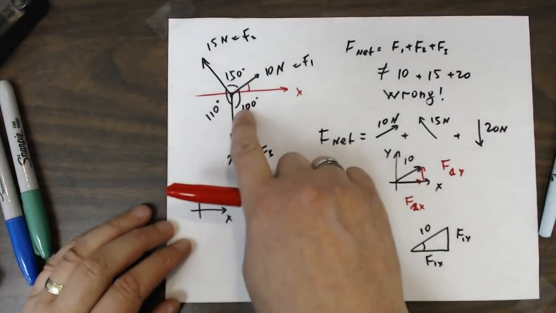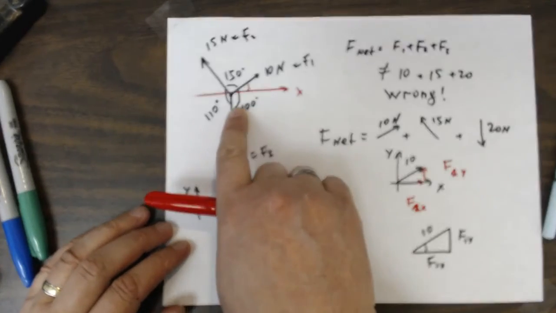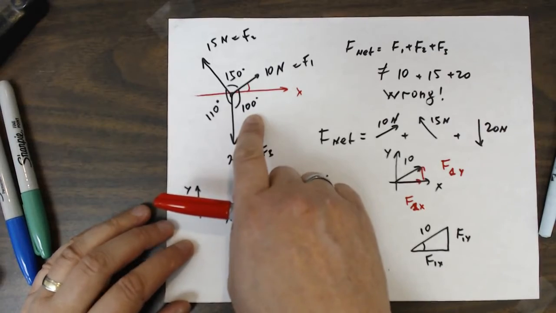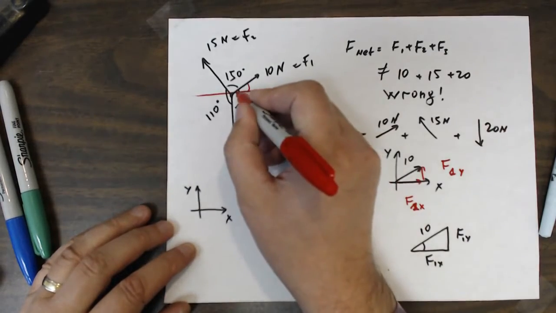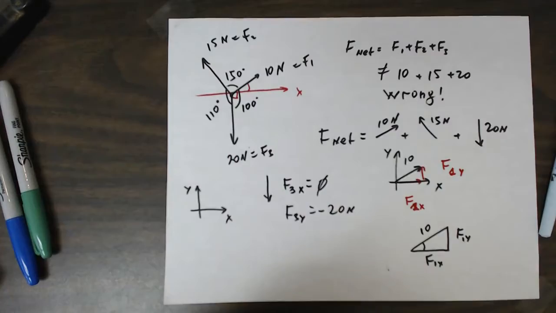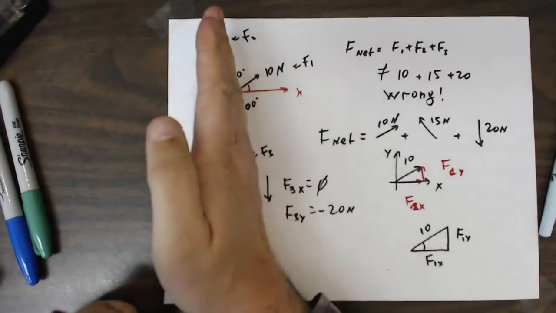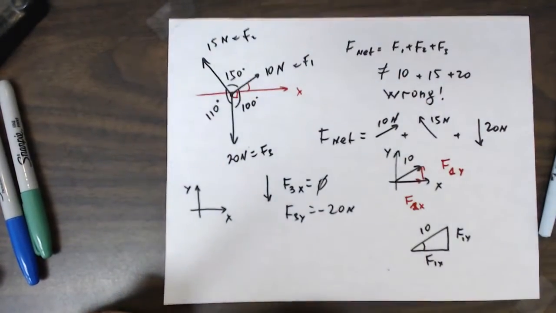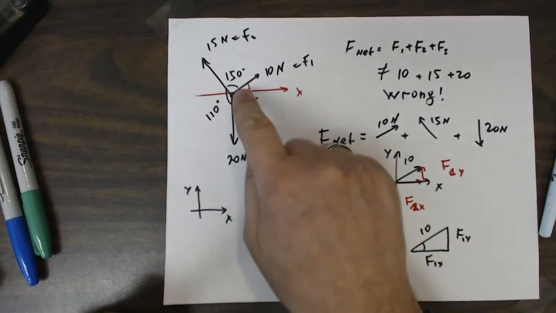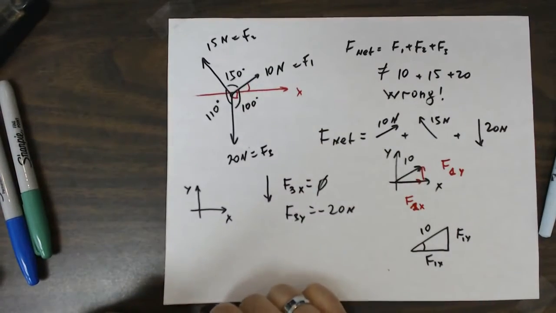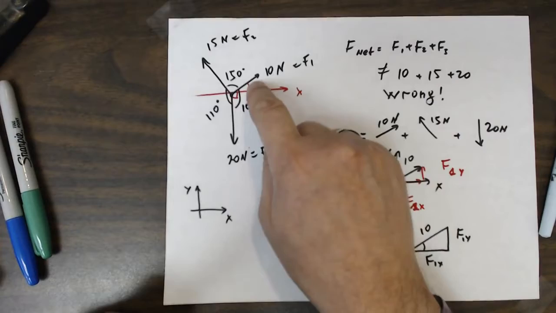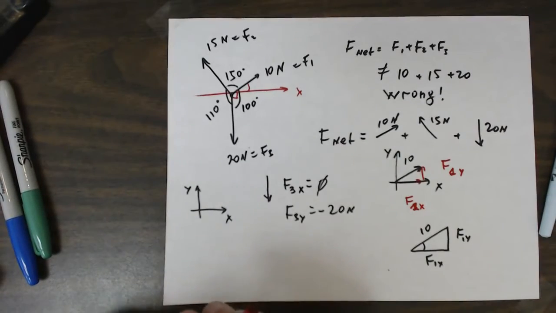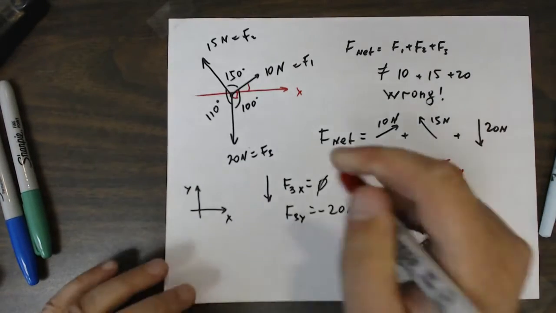And this angle has to be equal to the angle equal to 100 degrees minus this angle. The vertical direction is perpendicular to the horizontal direction. This angle equals 90 degrees. So this angle will be equal to 100 minus 90, 10 degrees.